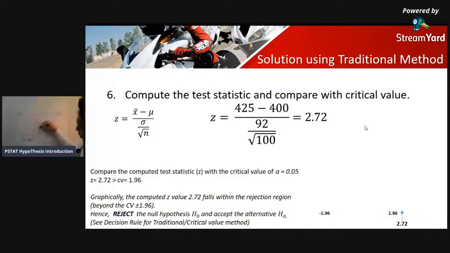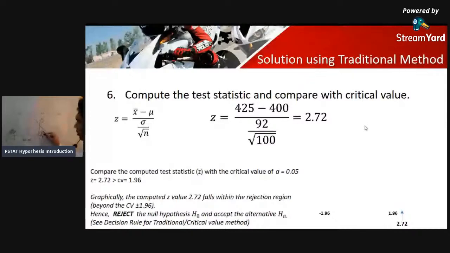So this is 1.96, the critical value, and you have here negative 1.96. Take note that this region is the rejection region. Your computed test statistic, 2.72, is the z value, which is located here.